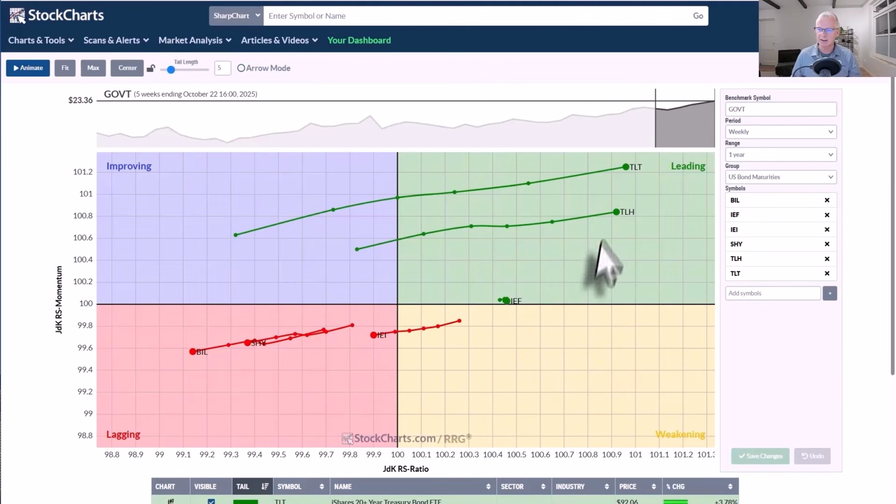So you got IEF, TLH, TLT clearly outperforming, and we've got IEI, SHY, and BIL all very clearly underperforming. That is very clearly a message that these are long-term bonds, so these are prices. So long-term bonds are going up, long-term yields moving lower, and short-term bonds are going down on a relative scale.